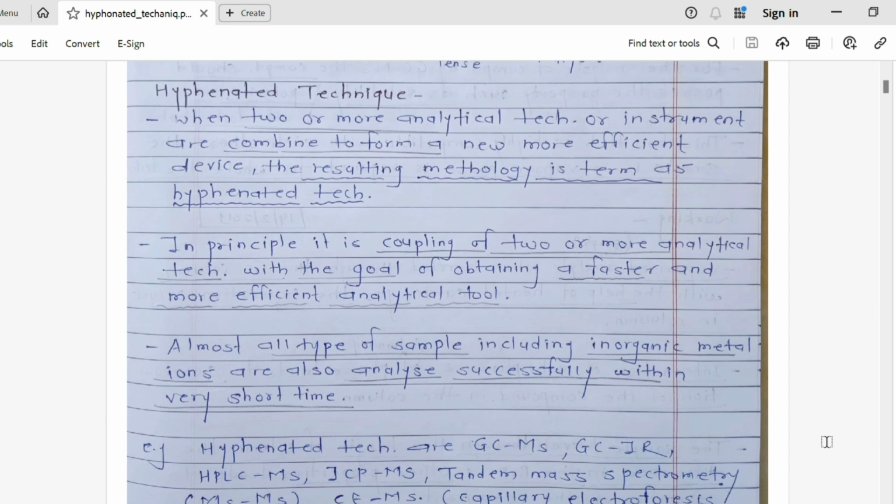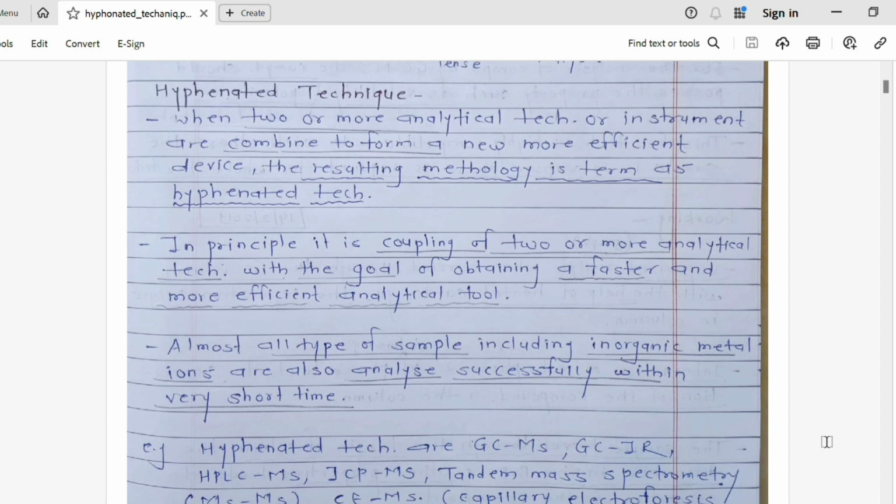It means when two or more instruments get combined and form a new instrument, and that instrument is very efficient, very less time consuming and has very high potential, we can say hyphenation techniques.